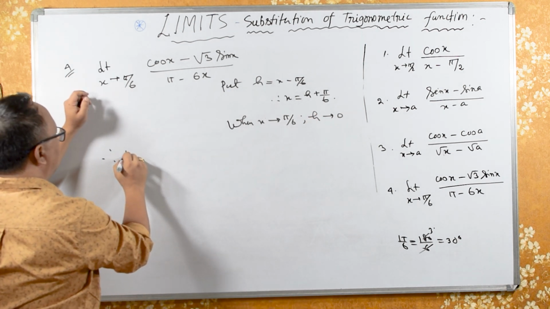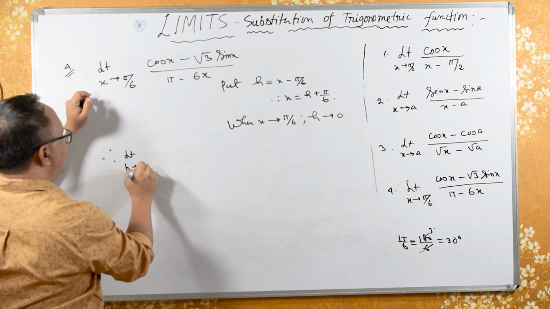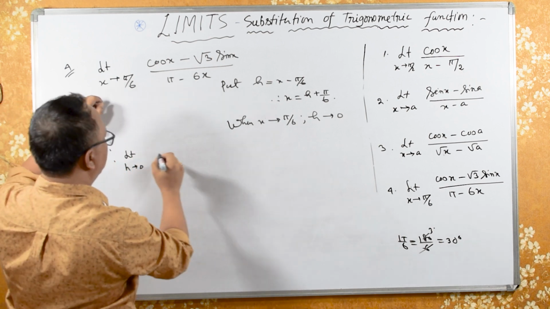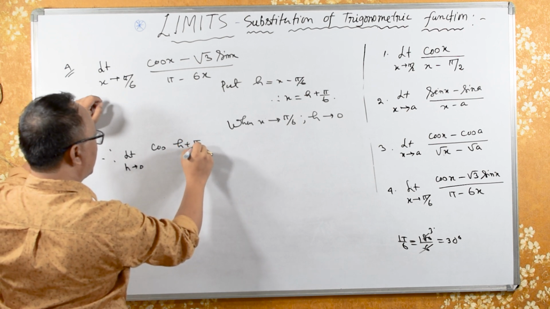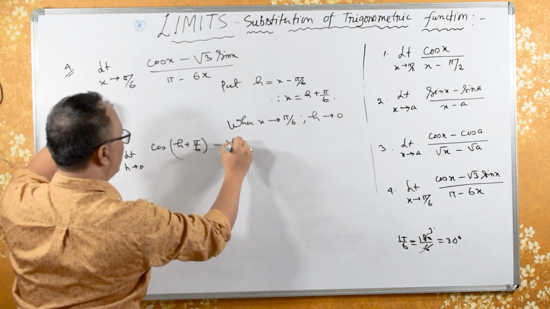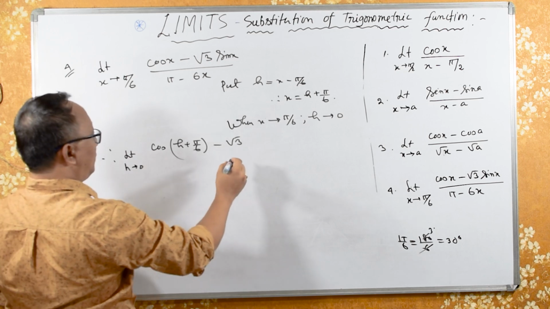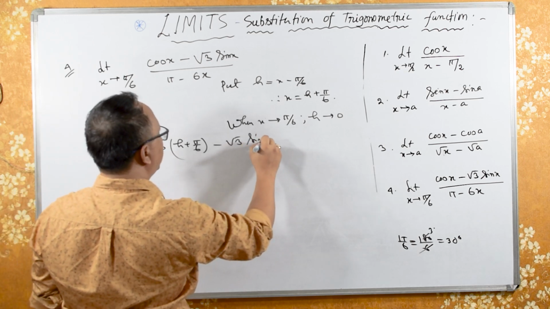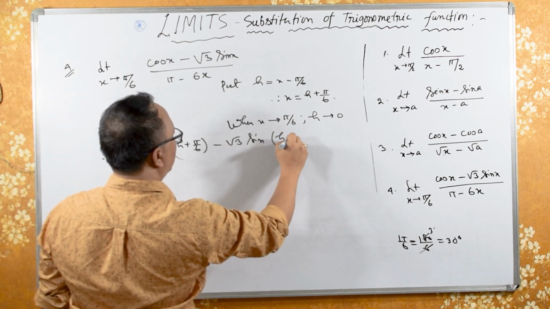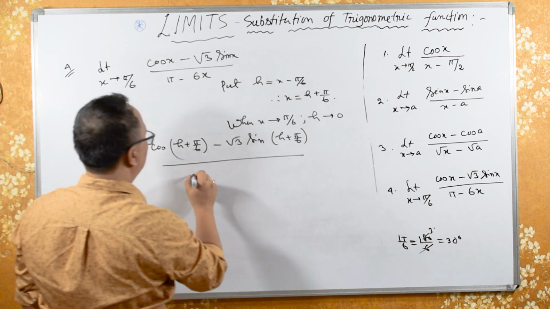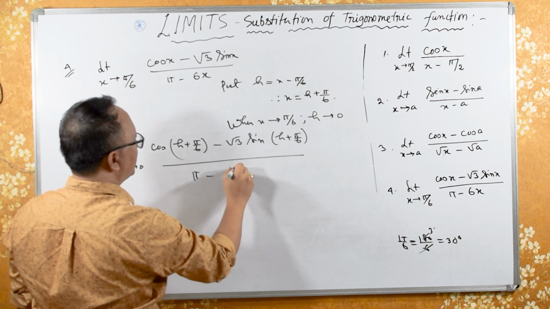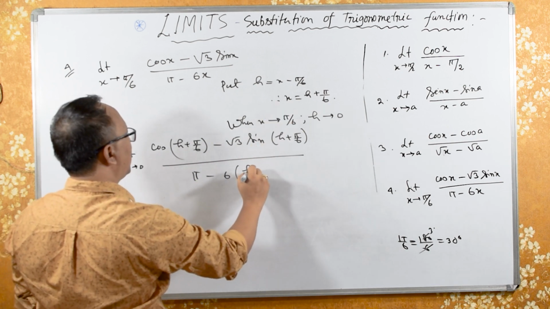Therefore limit of h tends to 0, cos x is cos of h plus pi by 6, minus root 3 sin x, where x is h plus pi by 6, upon pi minus 6 into h plus pi by 6.